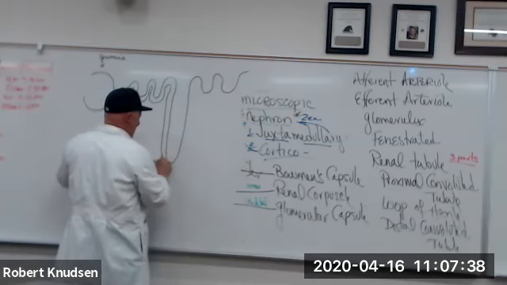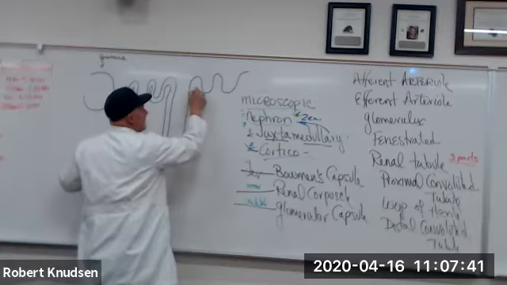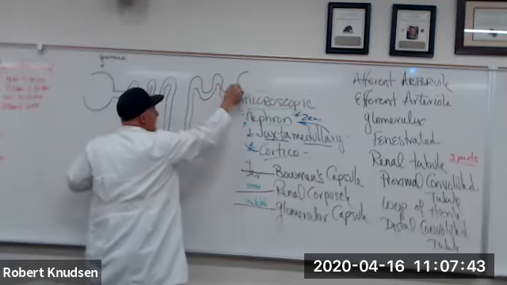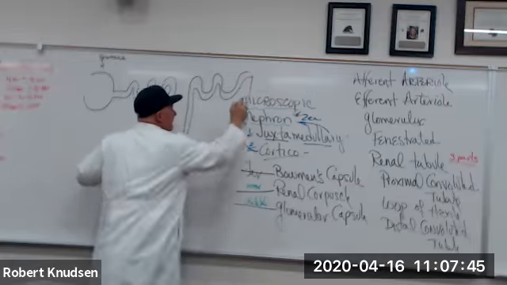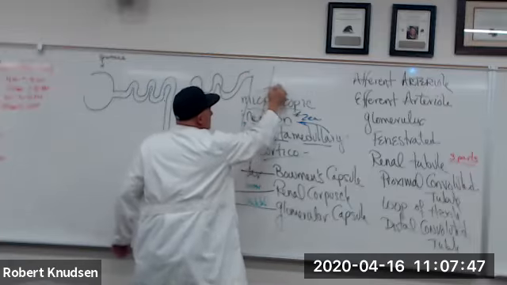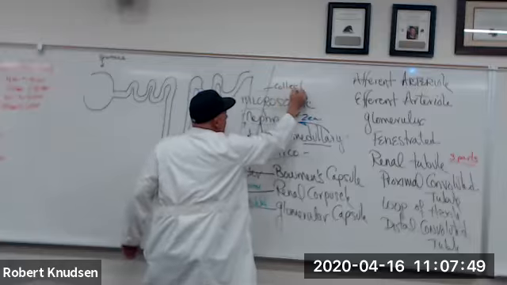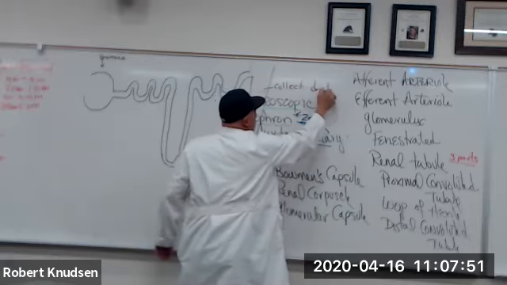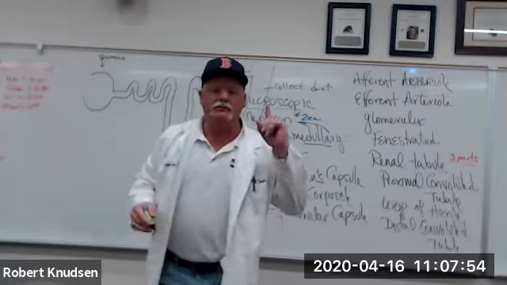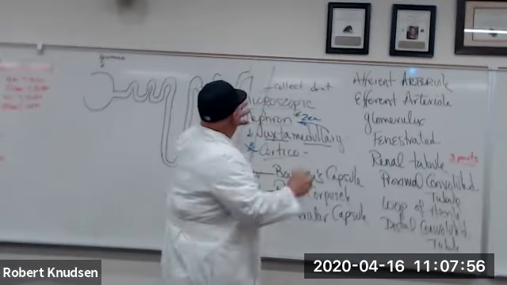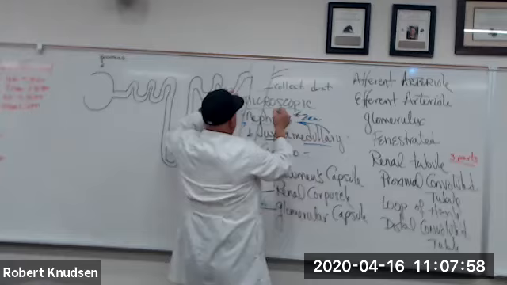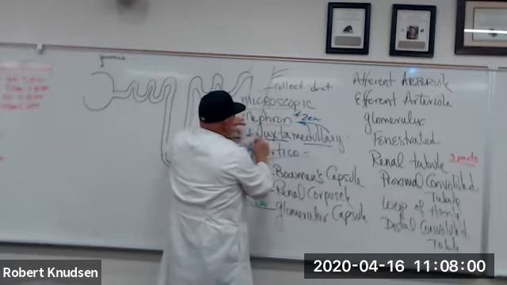Okay. And then it goes into the collecting duct. This is collecting duct. It says collecting duct. It collects from that nephron, and it collects from another nephron, and another nephron, and another nephron.